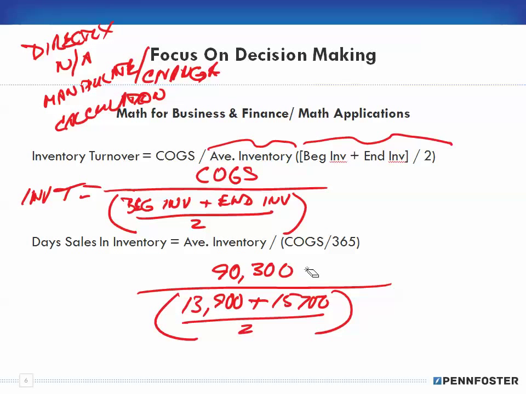They just give you that information in a problem. They might say, okay, your cost of goods sold is 90,300.